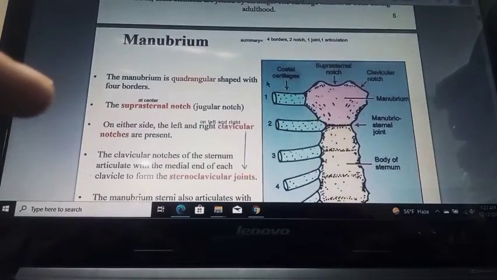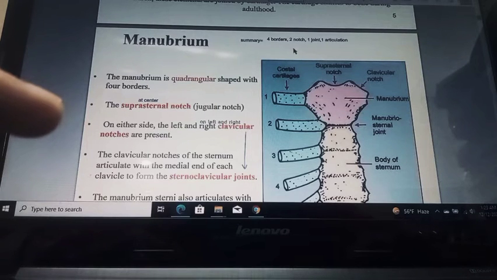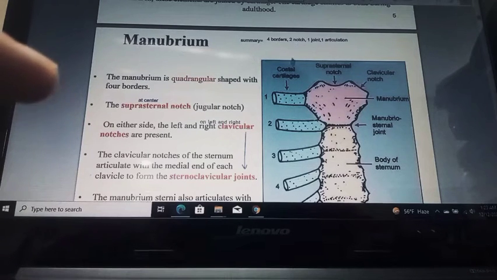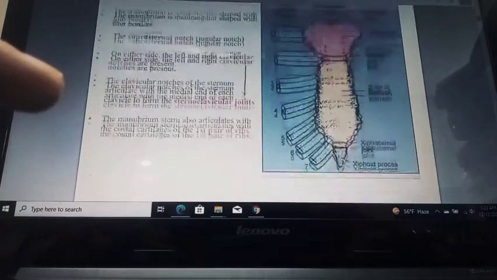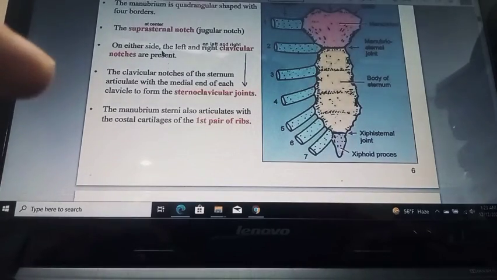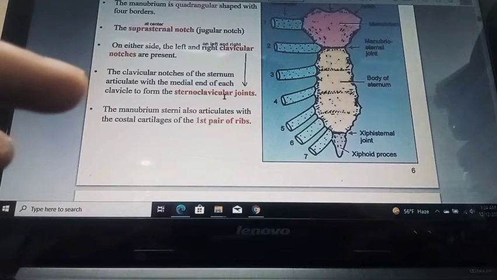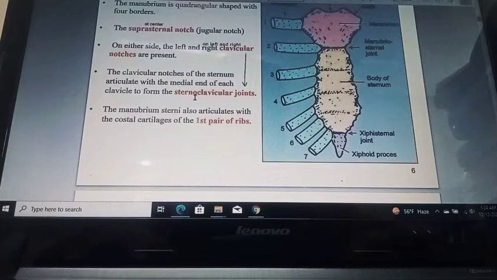Now we see the four borders which we have studied: two notches and one joint. Where is this joint? Here we see the clavicular notch forms the sternoclavicular joint. The clavicular notch of the sternum articulates with the medial end of each clavicle to form the sternoclavicular joint.